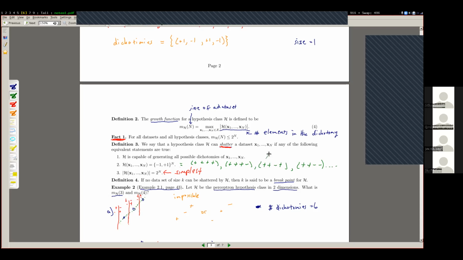That would be n equals 4. So whatever the n is, it's the size of the tuple right here. And then you have all the possible combinations of pluses and minuses inside of that tuple. Since there are n positions, and each one has 2 values, that's where the 2 to the n size comes from.